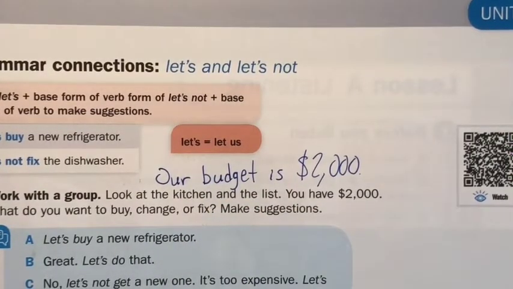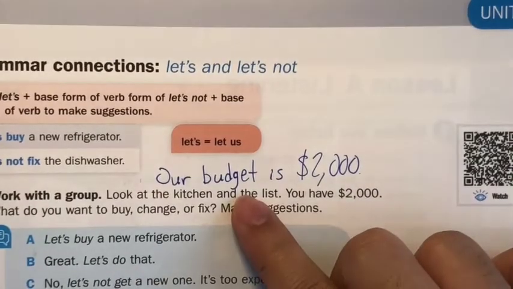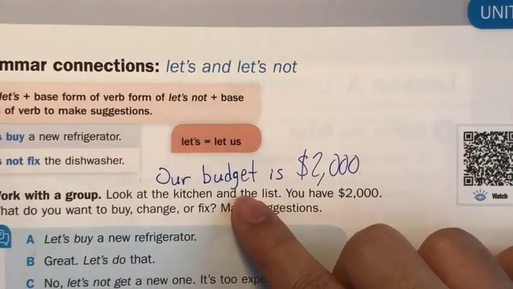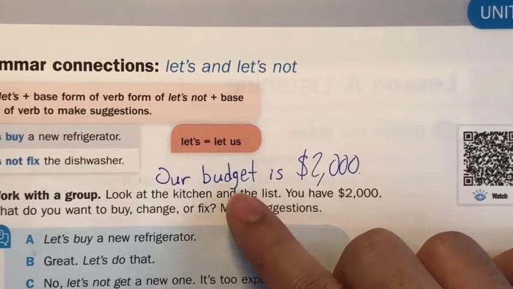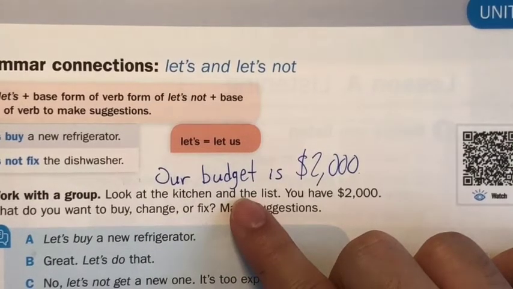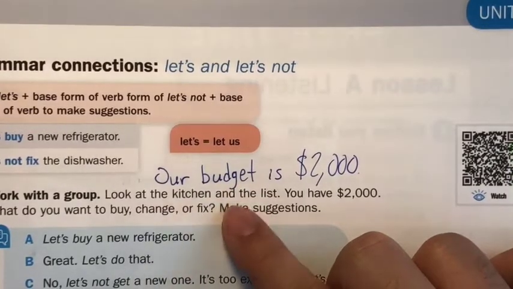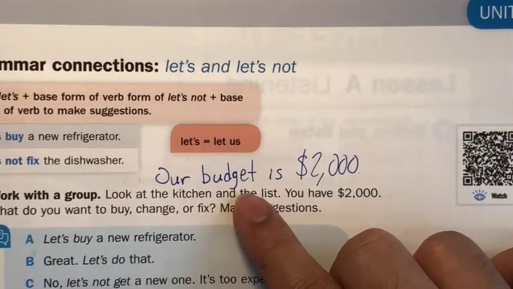So, let's say every week you go to the grocery store and you only want to spend about $100 at the grocery store. So your budget for every week to go to the grocery store is $100. Your weekly groceries budget is $100.